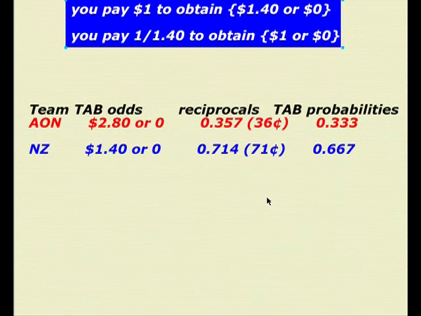Because what are they getting? $1.07. And they're going to have to pay out $1 for sure, either to this side or to that side, but they get 7 cents.